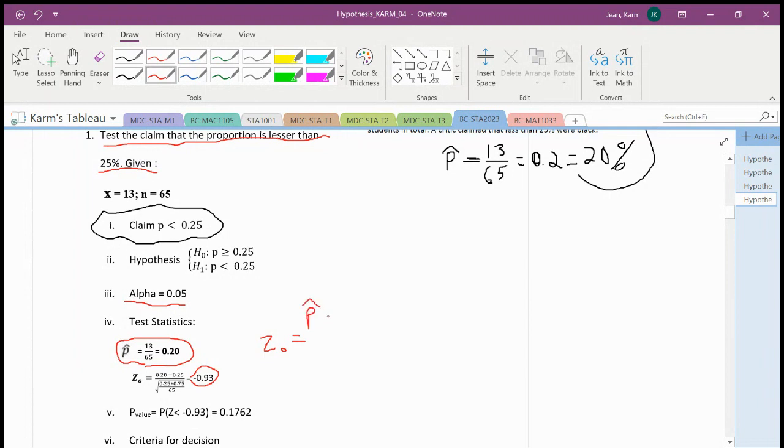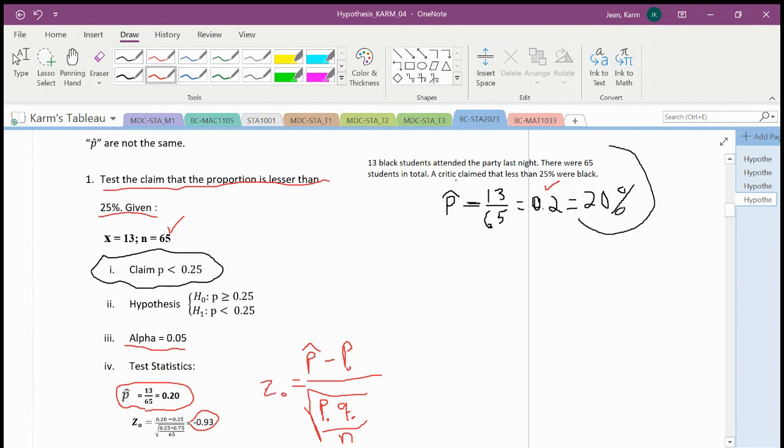P hat is what we call the sample proportion, minus P sub 0, which is the population proportion, over the square root of PQ over N. Okay, N is 65, P hat is 0.20, and then P comes from the generalization that the critic made, right here.